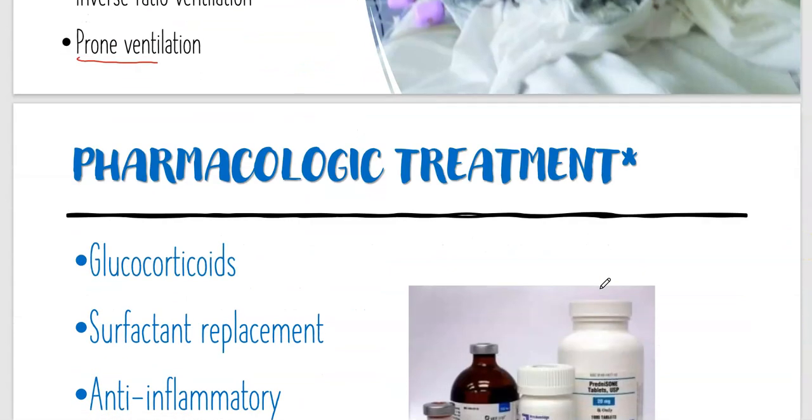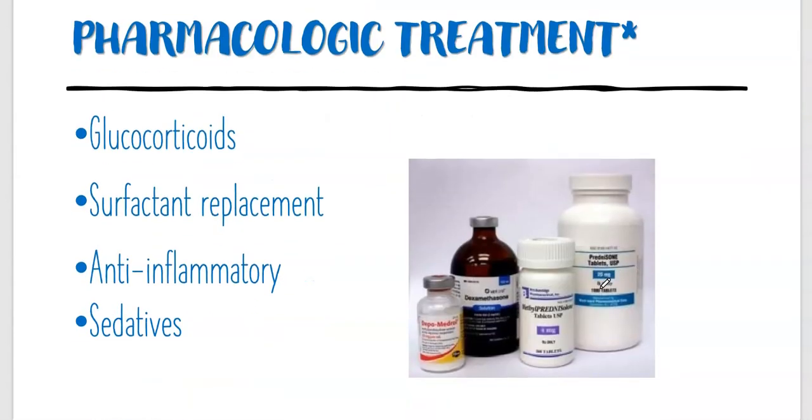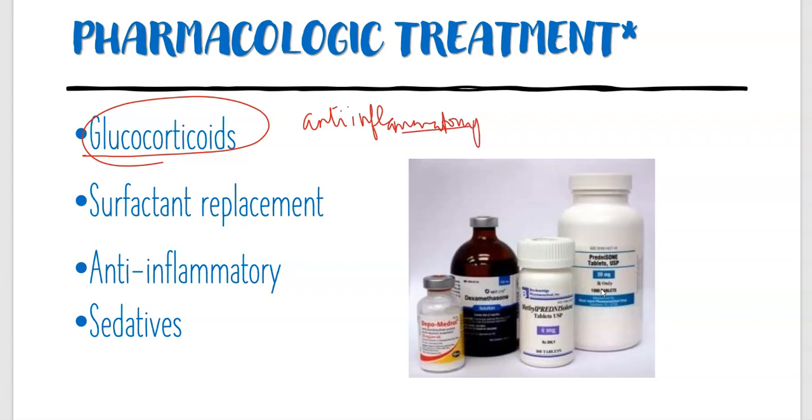Now next, what are your pharmacologic treatment? You know that there is pulmonary edema. Kapag merong edema, ano ibibigay natin? It's your corticosteroids. Okay, corticosteroids. Also, under your corticosteroids, you have your glucocorticoids, also an anti-inflammatory medication. Ayan.